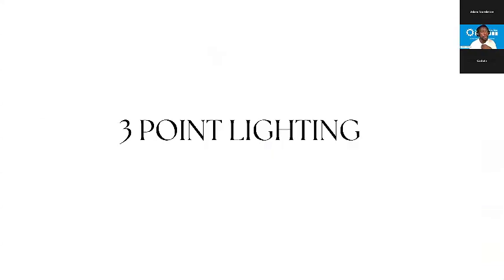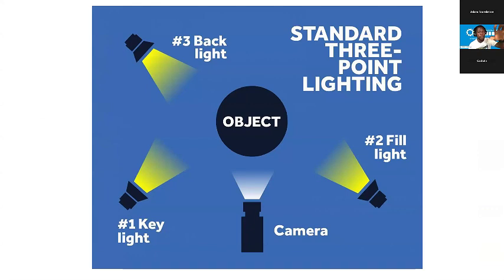We talked about three-point lighting, and I showed you a rough three-point lighting setup that you can easily recreate with a window, and if you have a ring light and maybe one additional light. The light could even be the flashlight from your phone or your power bank.